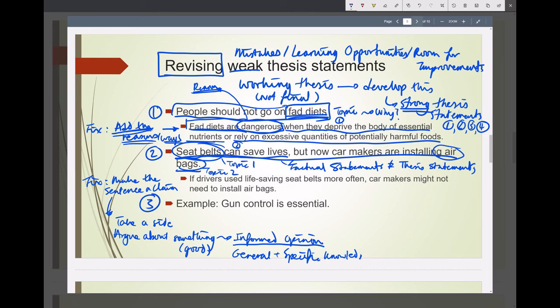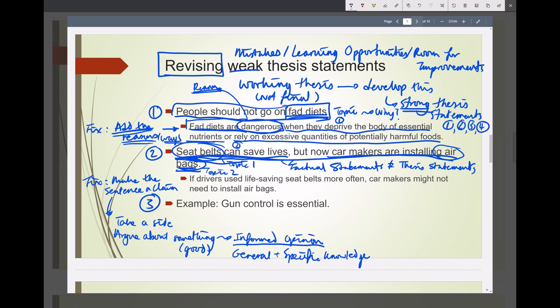So here's a good one. So far in just the first example, well, yeah, we can read articles about seatbelts saving lives. That's common fact now, at least in Canada. And yeah, we know car makers are installing airbags. Almost every car has airbags now. So maybe you have to think about this a bit more.